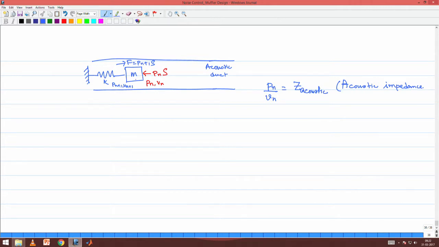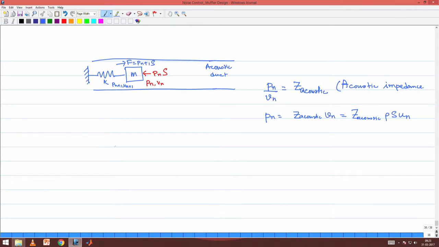Obviously, because it is a mass, V n plus 1 and V n are the same, but P n plus 1 and P n are not the same, there lies the trouble. Okay. So, P n in other words could be written as Z acoustic into V n, and V n also could be written as rho times S times U n, right.